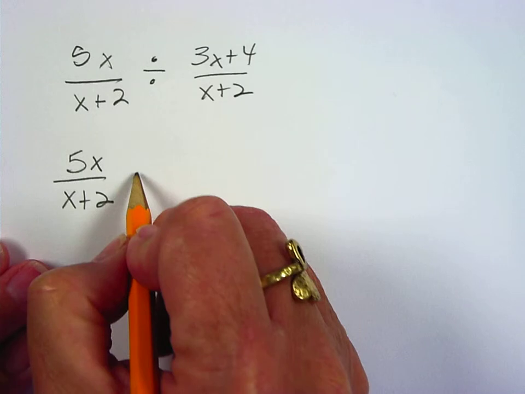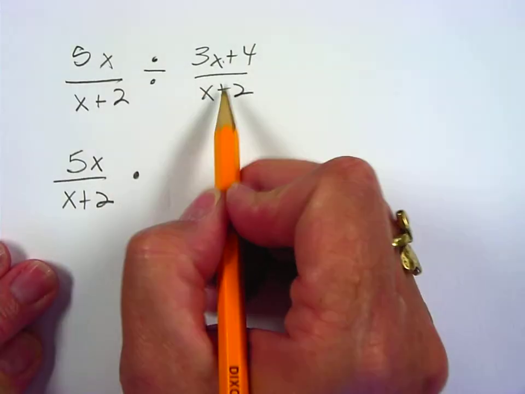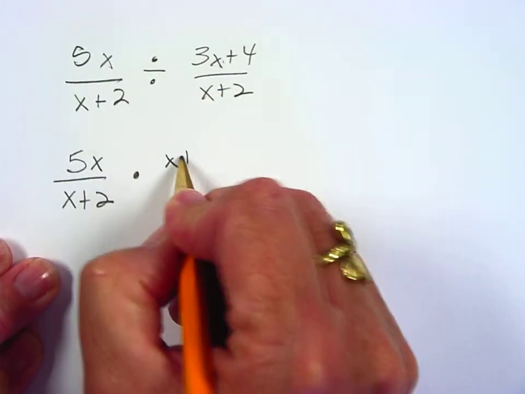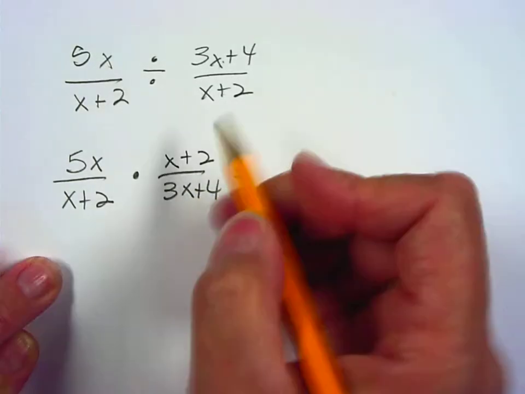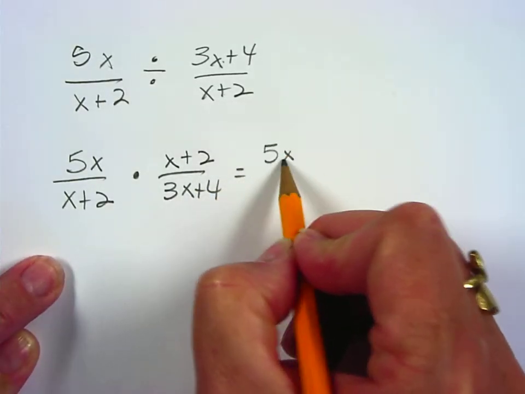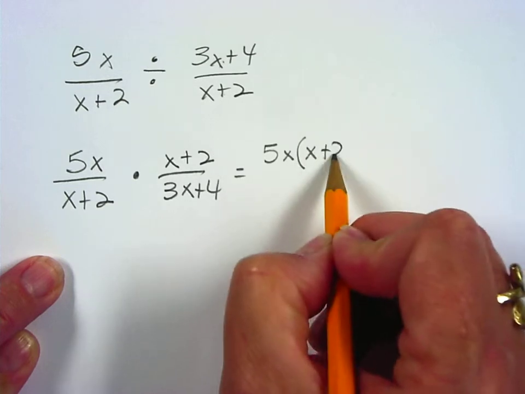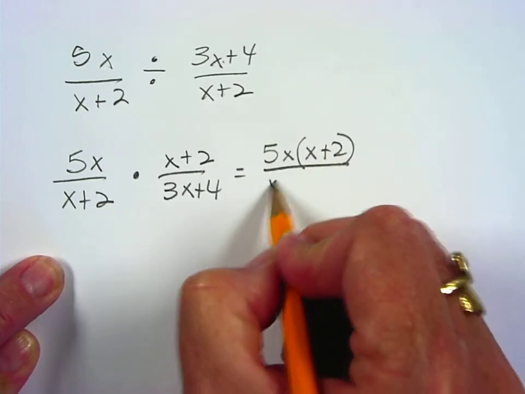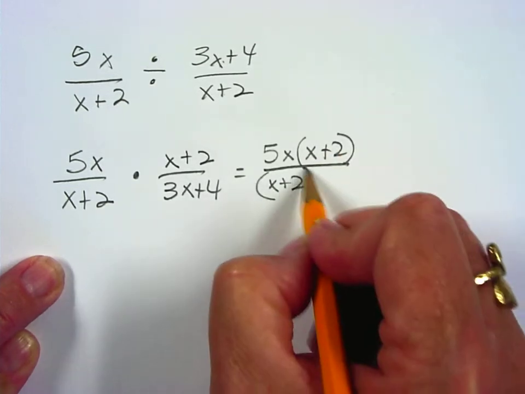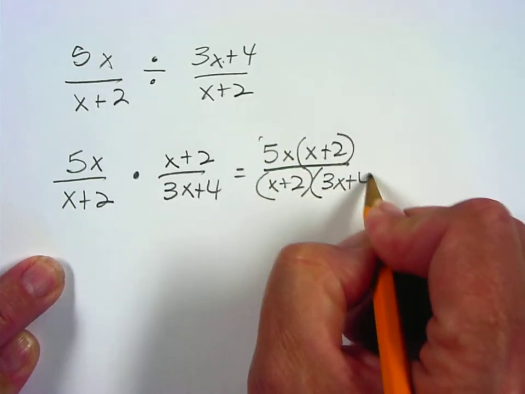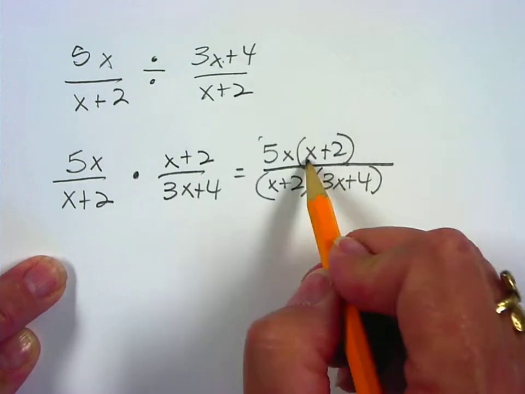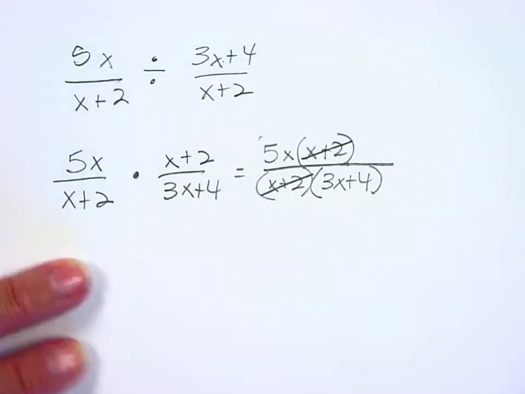Our operation is now going to be multiplication, and we're going to flip this one over. The reciprocal looks like this. And when I multiply straight across, I get 5x times x plus 2 over x plus 2 times 3x plus 4. And I notice right off the bat that these two factors are exactly the same.